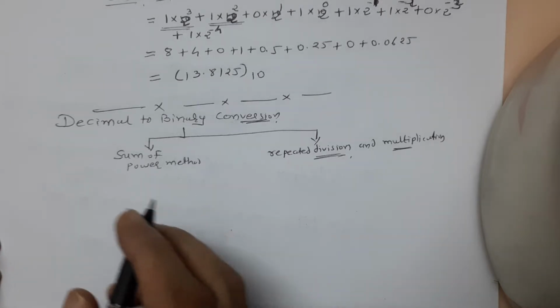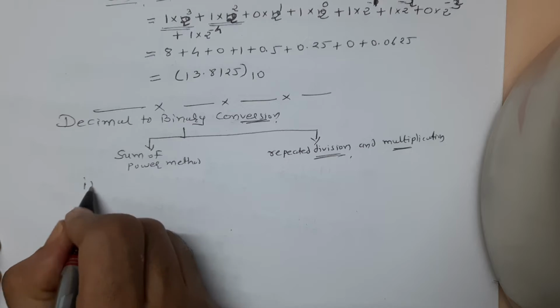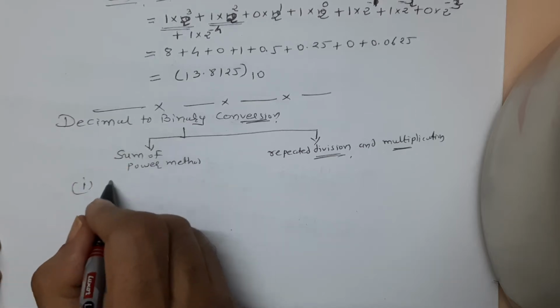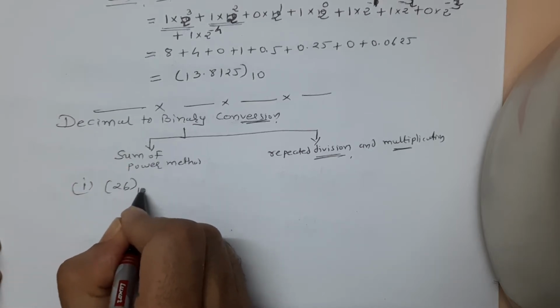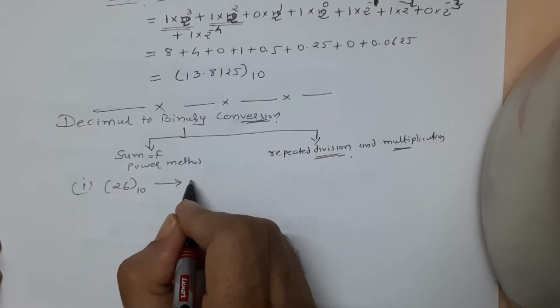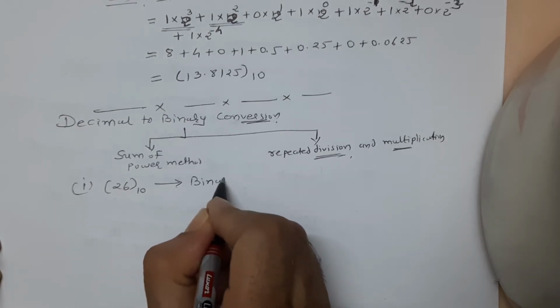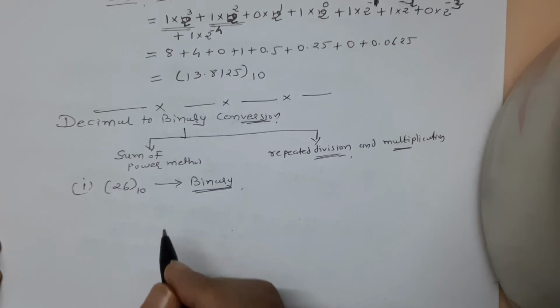First of all, integer part. This 26 decimal number, convert into binary. How to convert, right?